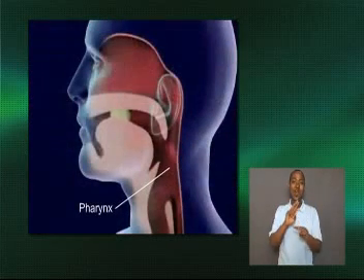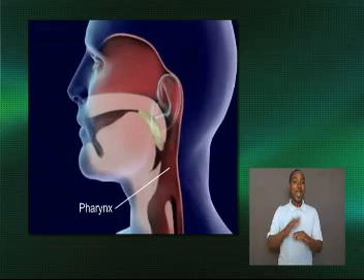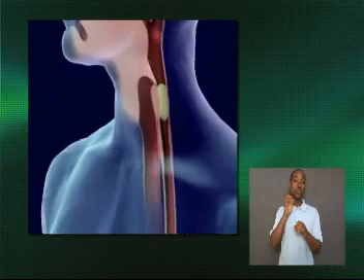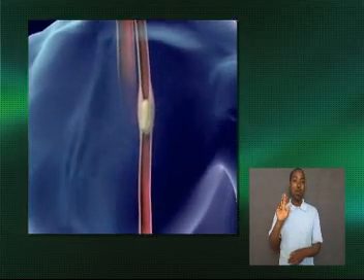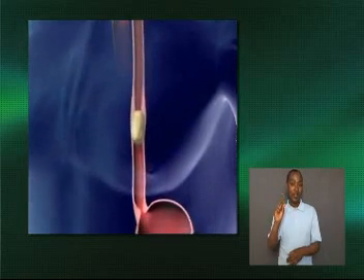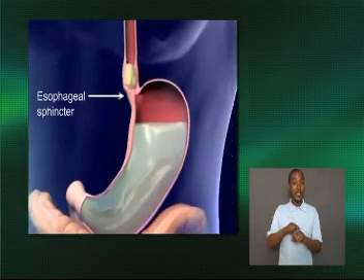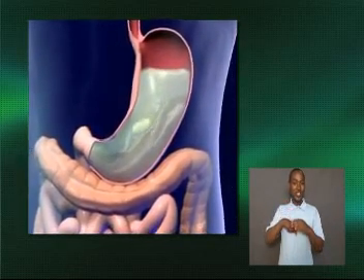A reflex action temporarily shuts off the airway in the throat, flicks the tongue upwards, and sends the bolus into the esophagus. A wave of powerful contractions forces the bolus downward until it arrives in the stomach.